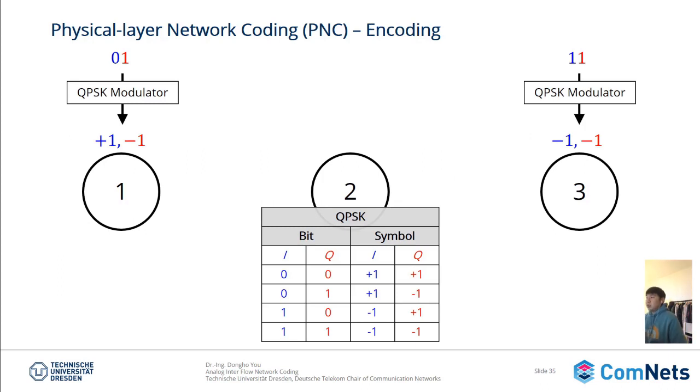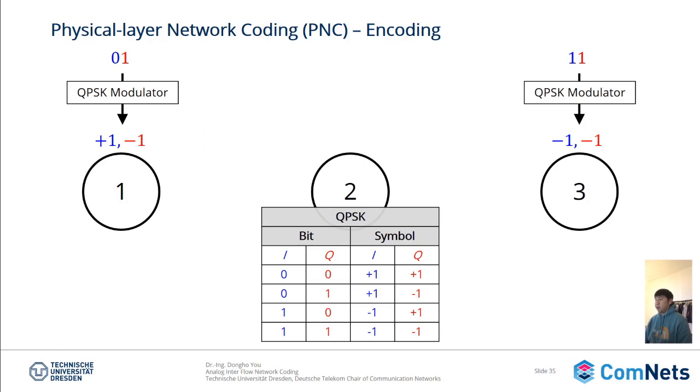So now let's see the example of the physical layer network coding. In the physical layer network coding, before transmitting, the bits are modulated into symbol signals based on the modulation table here. So binary 0 is +1 and binary 1 is -1.